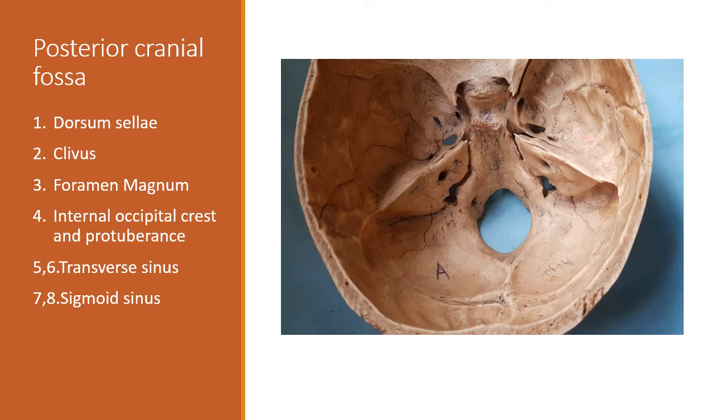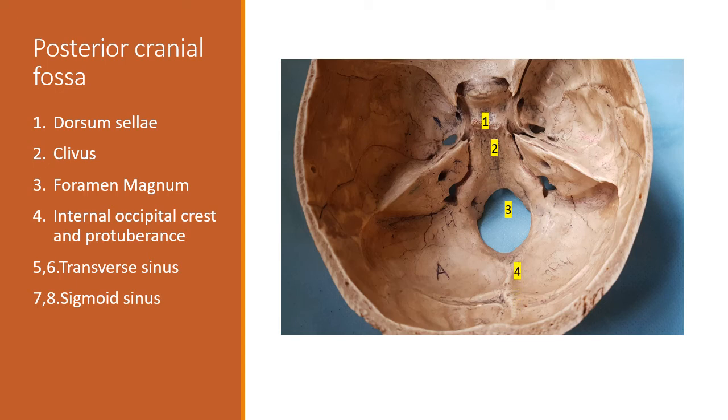Let us see the posterior cranial fossa, which shows the dorsum sellae. The clivus is a sloping surface formed by the fusion of the basiocciput with the basisphenoid. The foramen magnum is a large foramen in the midline.